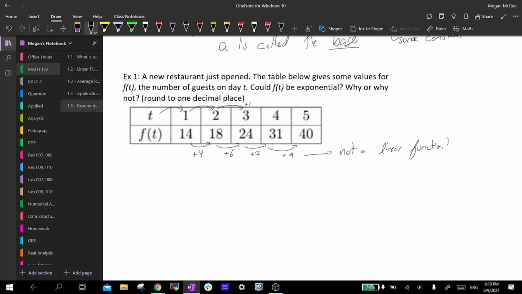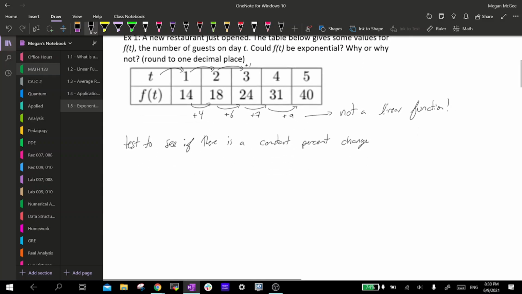Alright, but is it exponential? Just because it's not linear doesn't automatically tell us it's exponential. So what we need to do is test to see if there is a constant percent change.